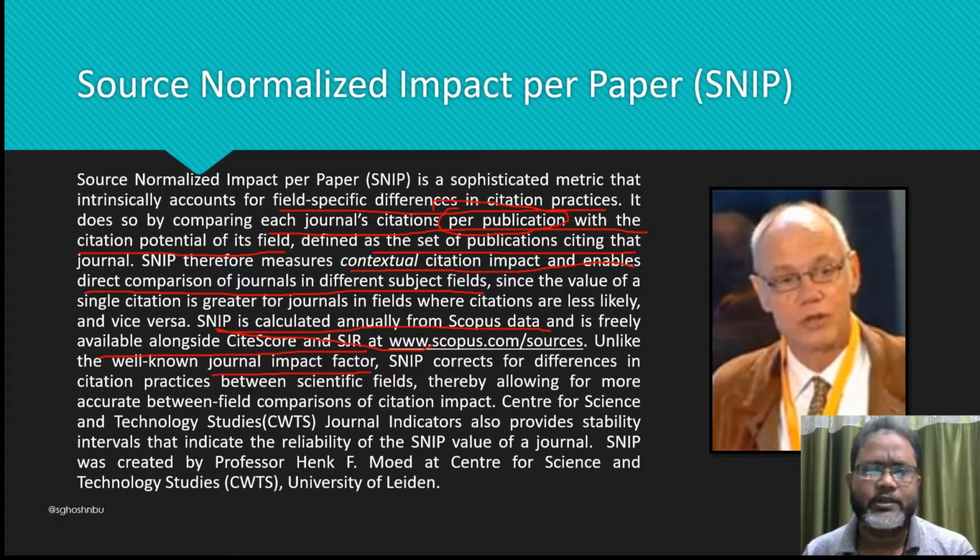Scopus.com sources. And unlike the journal impact factor I told you about earlier, SNIP corrects for differences in citation practices between citing fields, thereby allowing more accurate between-field comparison of citations.